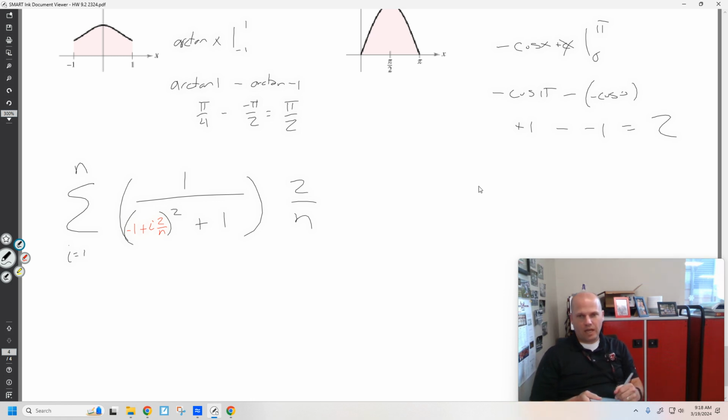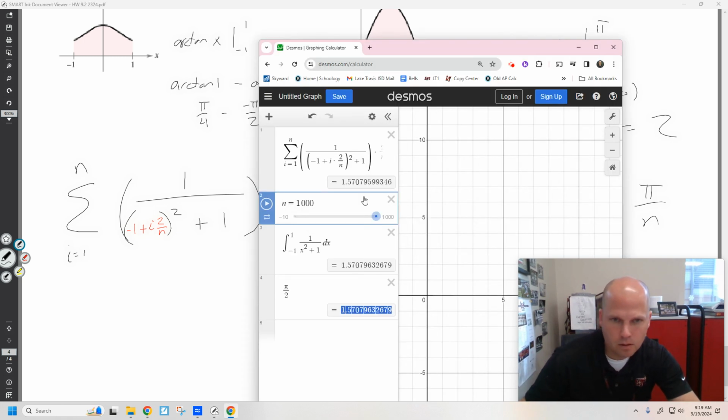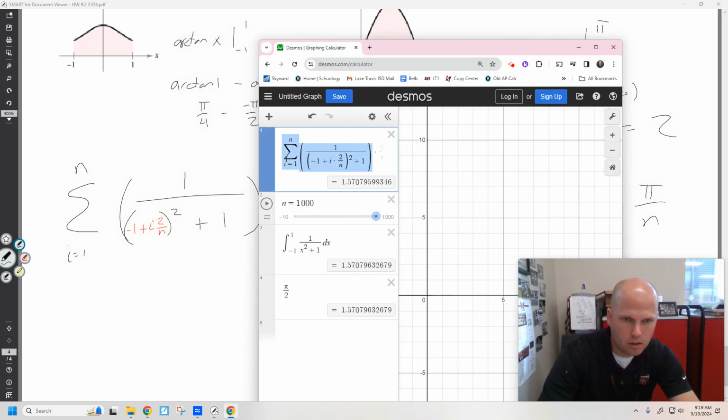Now, behind the scenes, your calculator would take sine of x values to get y's, multiply it by delta x. The x values start at 0 and add multiples of your delta x. This is a right Riemann sum approach. I'll just show you.